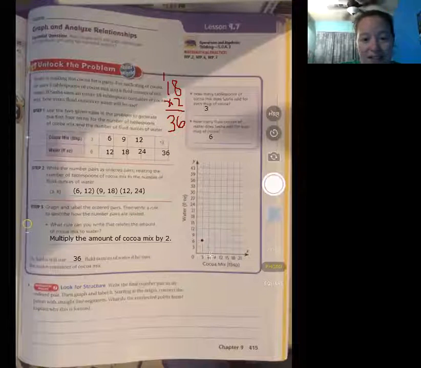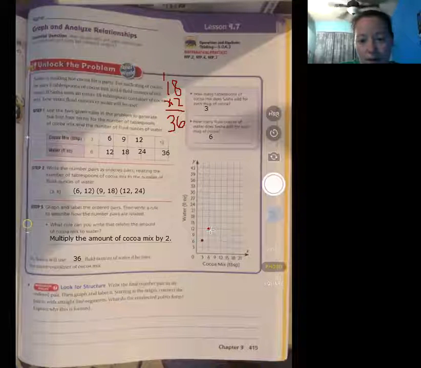Then we have 6 up to 12. Then we have 9 up to 18. Then we have 12 up to 24.